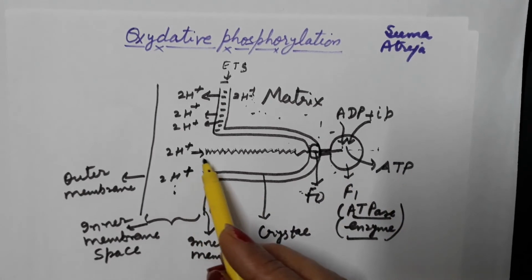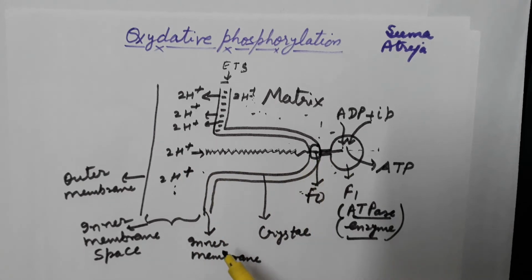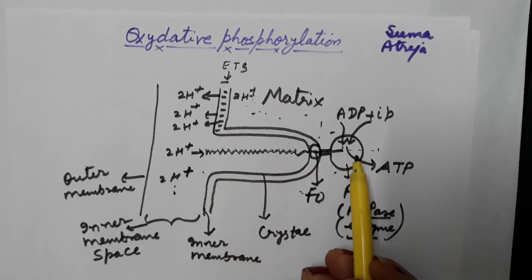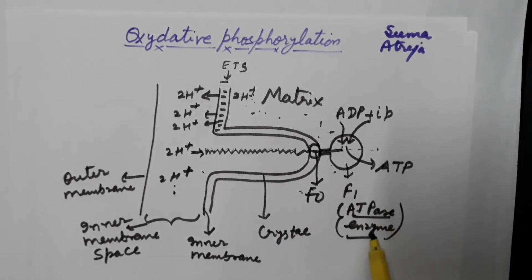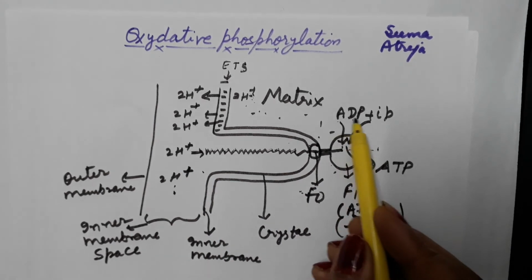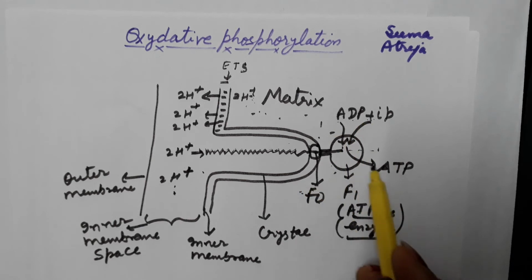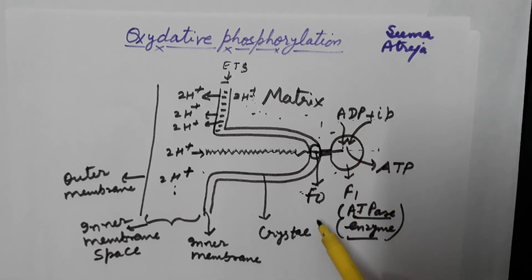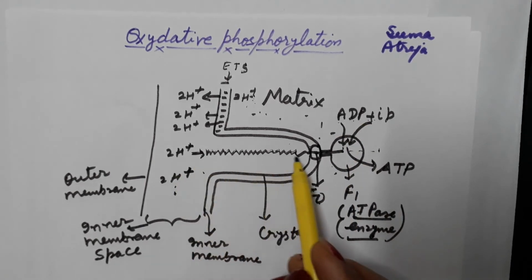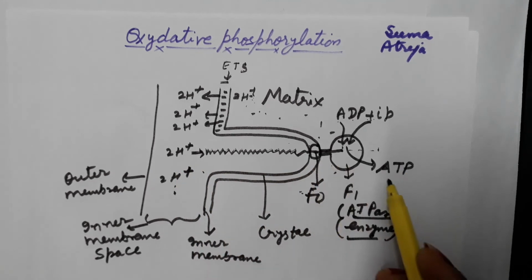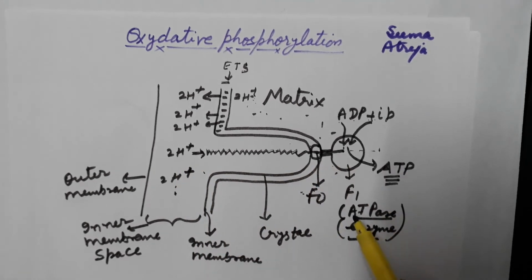When a proton passes through the FOF1 particle, it releases energy. That energy is utilized in the presence of the ATPase enzyme in joining ADP plus inorganic phosphate, and ATP is produced. One pair of protons transferring through the FOF1 particle produces 1 ATP molecule.